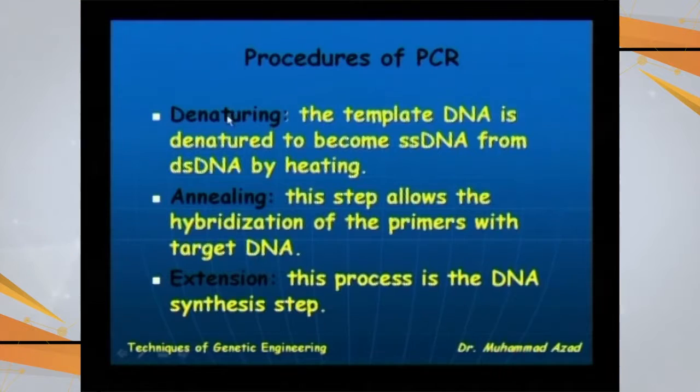The first step is denaturing. The template DNA is denatured from double stranded DNA to single stranded DNA by heating. The second step is annealing. This step allows the hybridization of primers with the target DNA. The third step is extension.